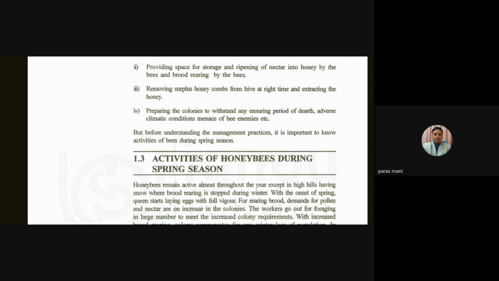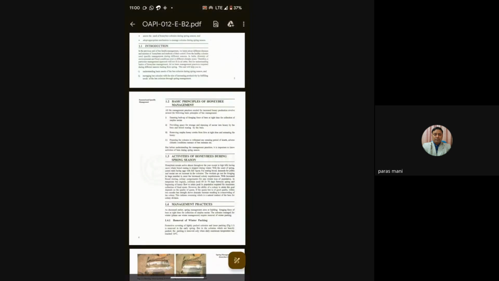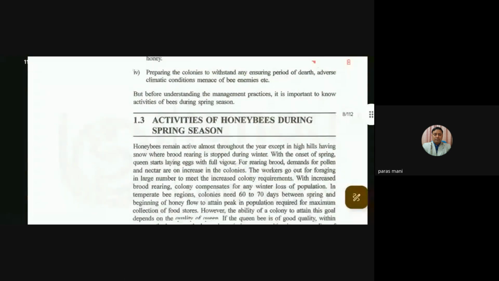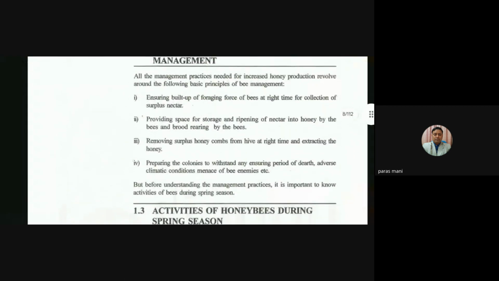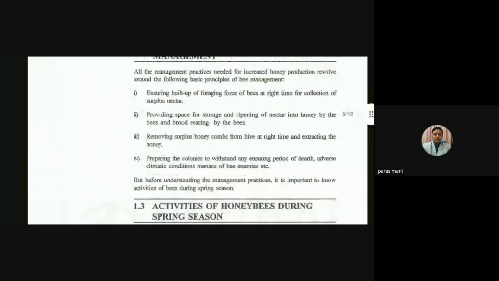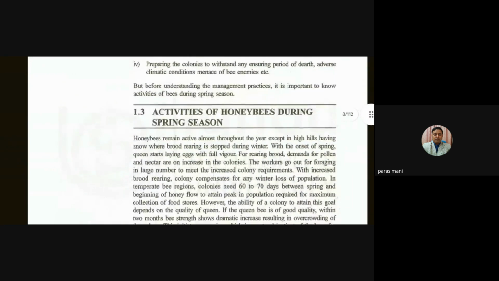And if there is any lack of food source in the spring season, so that honey is not present in the comb, you have to provide honey, or else artificial sugar syrup. So these are the principles. Based on this, we have to take up different management practices.